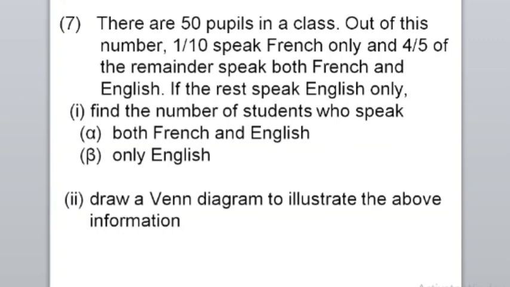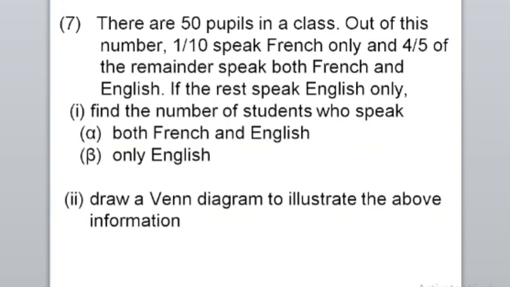If the rest speak English only, find the number of students who speak, alpha, both French and English, beta, only English, and draw a Venn diagram to illustrate the above information.